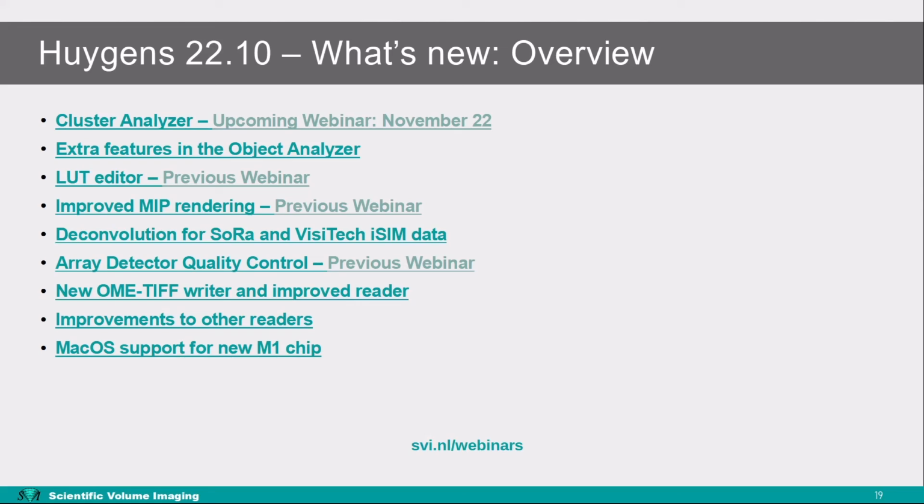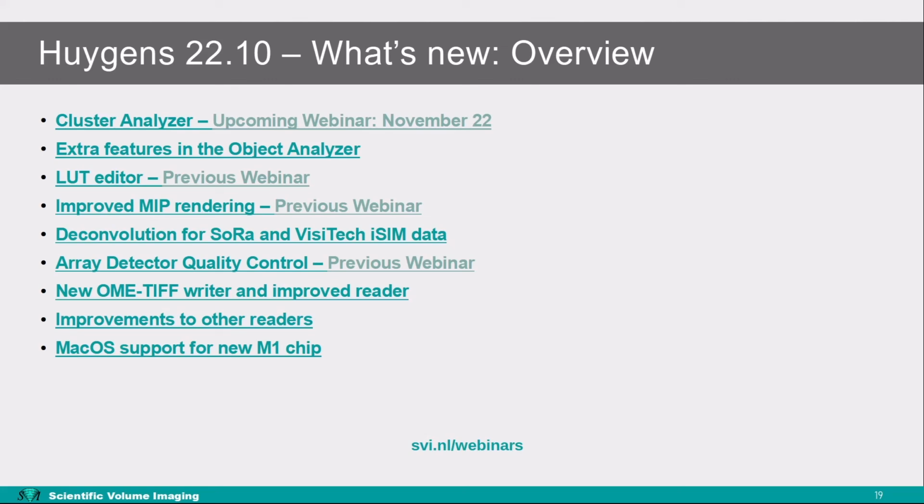In summary, we have a brand new tool, the Cluster Analyzer, and the webinar for the Cluster Analyzer is on November the 22nd. We have new features in the Object Analyzer. We have an improved lookup table editor and improved MIP rendering. We have new deconvolution options for SoRA and VisiTech iSIM images.